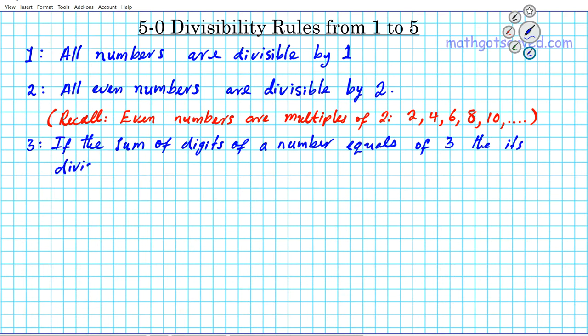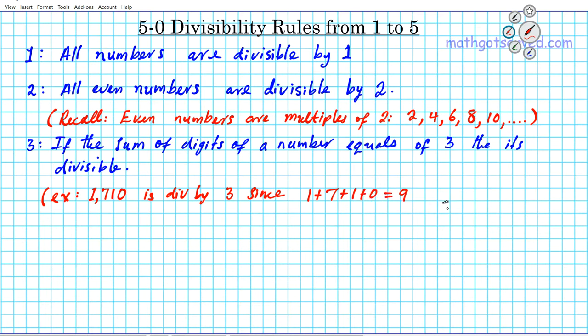So let's take a look at an example of this situation. Let's say we have the number 1,710. How do you know a quick way to tell if this number is divisible by 3 or not? Well, this number is divisible by 3 because when you add all the digits, 1 plus 7 plus 1 plus 0, you get 9.